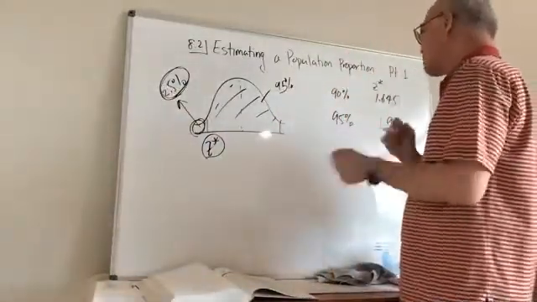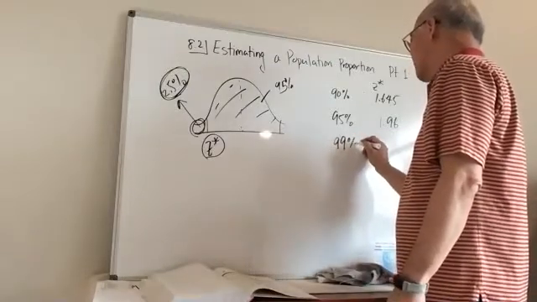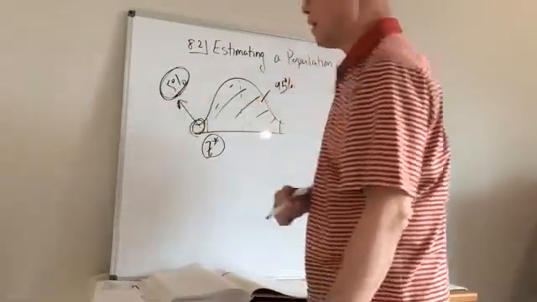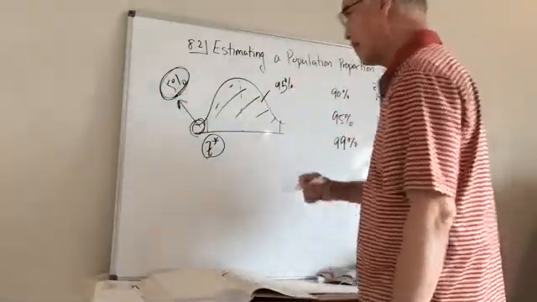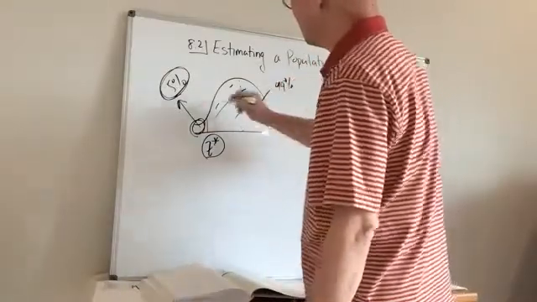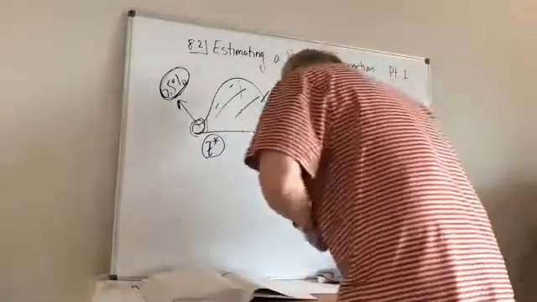What about 99%? What is this going to be here? What is the tail going to be? If this is 95, 99, it's 0.5. So where am I going to find 0.5?